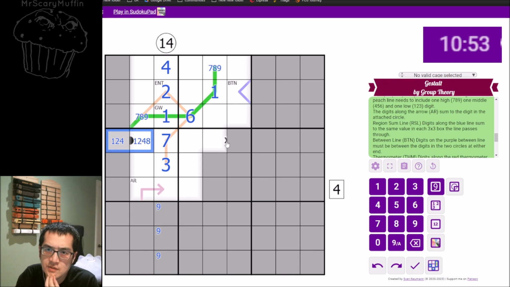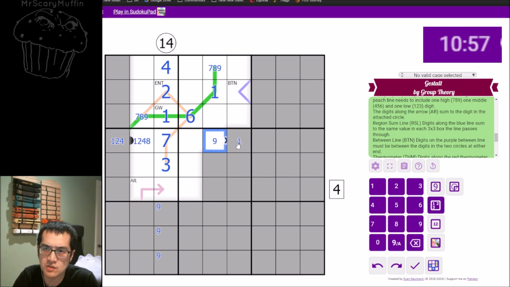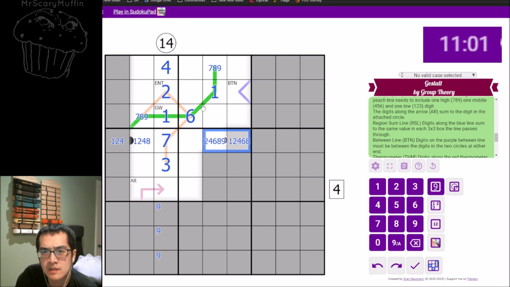I'm wondering how this crop key plays with this. There might be some restrictions, so 2846. Well, one thing we do know, 5 can't go on there. 5 ends up somewhere here. Nine is here somewhere.